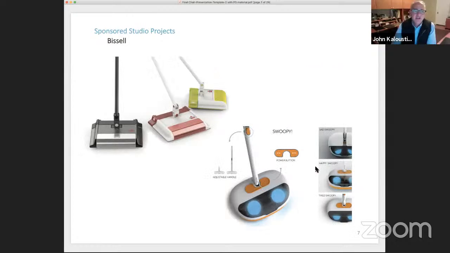And then we also work with another company we worked with a couple of years ago, Bissell. This was actually one of my projects, and it was with sophomores. There were about 15 students in the class. We developed and designed based on the criteria they gave us for a certain type of vacuum.